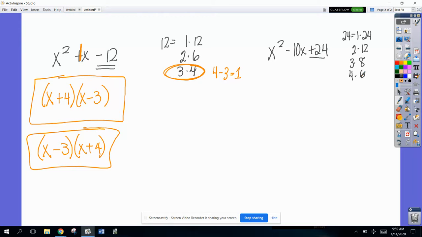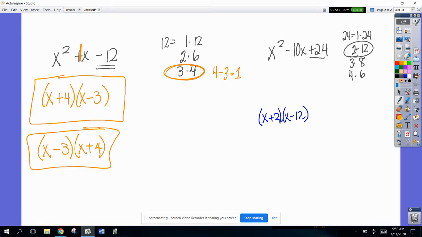So right off the bat, I'm going to think, oh, look, 2 and 12. 2 and 12 could give me 10, right? So if I had x plus 2 and x minus 12, because 2 minus 12 is negative 10.